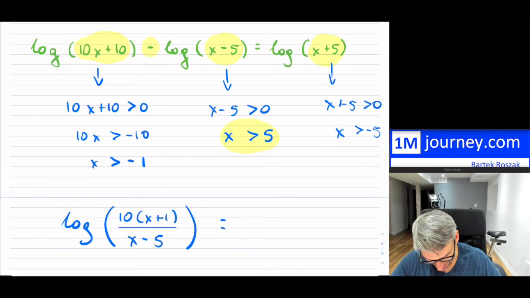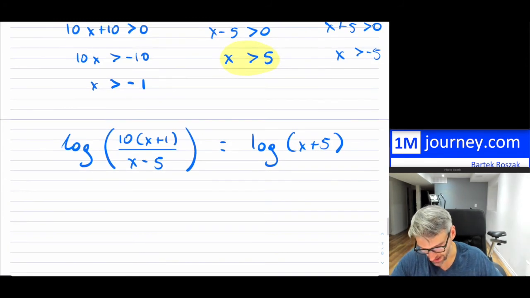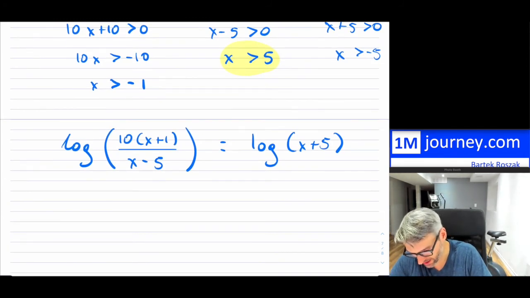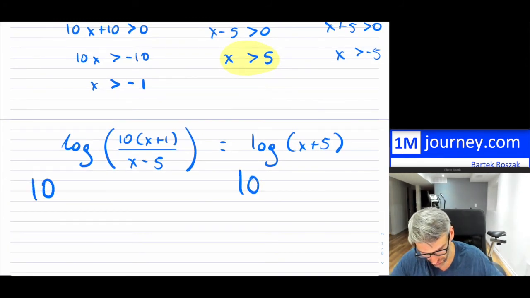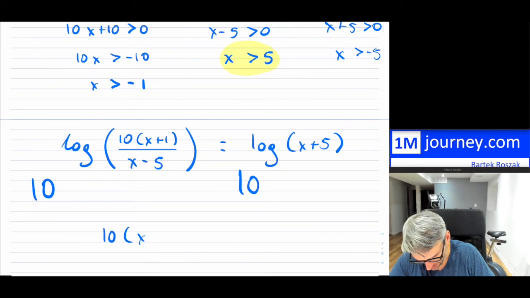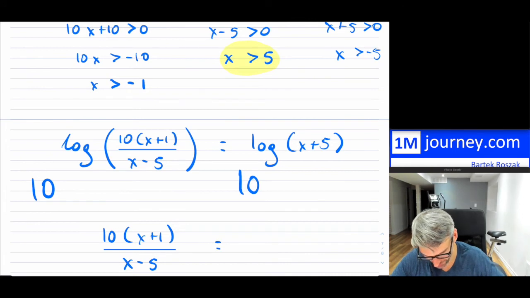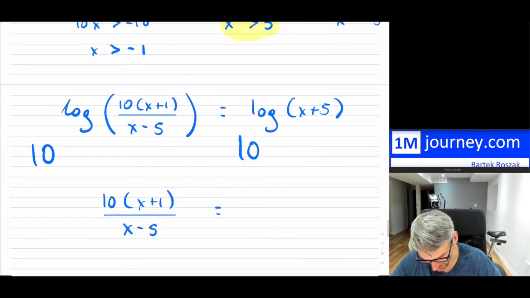That's on the left-hand side. Now on the right-hand side, I have log of x plus 5. Now taking and raising it to 10, that means I now have 10 times x plus 1 all over x minus 5 equals x plus 5.